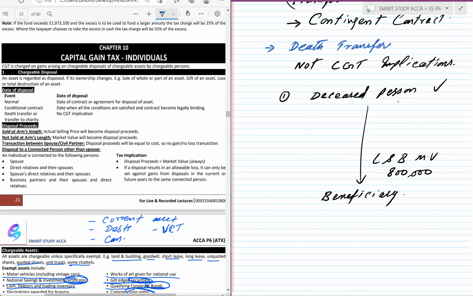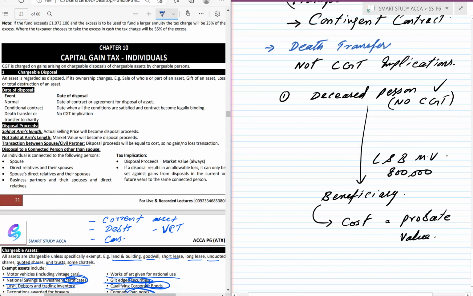So there will be no CGT implications for the deceased person, but for the beneficiary, cost will be probate value. Okay, so probate value means market value of an asset at death date of an individual.